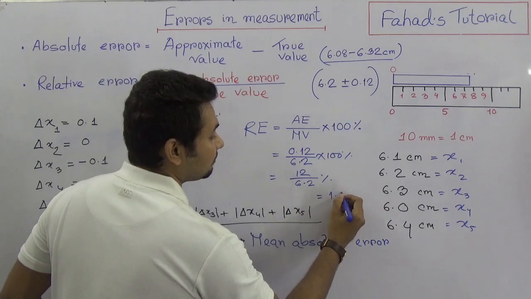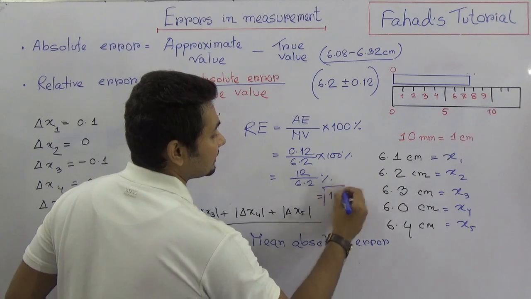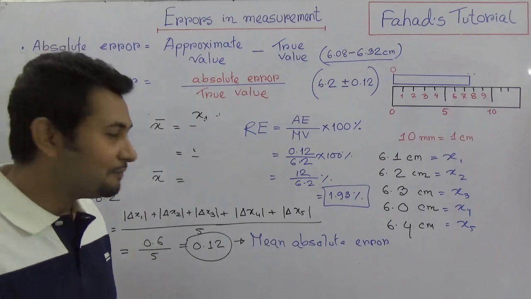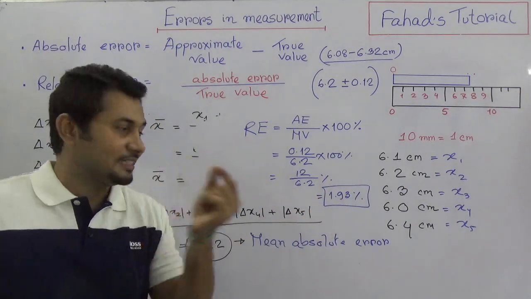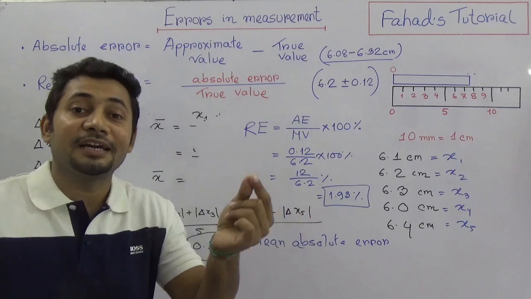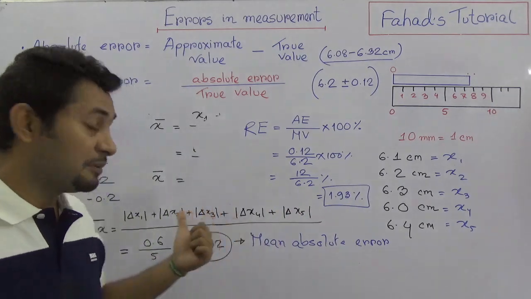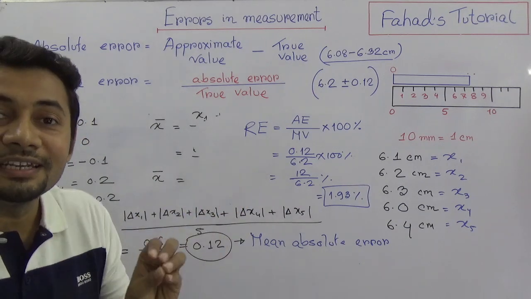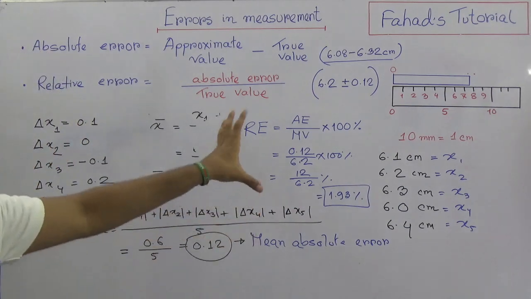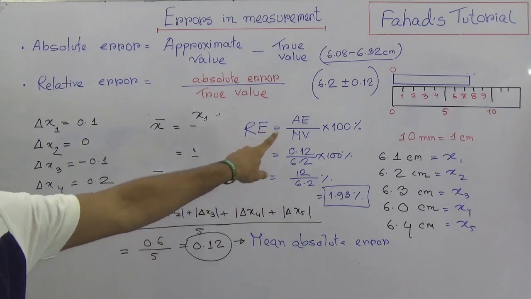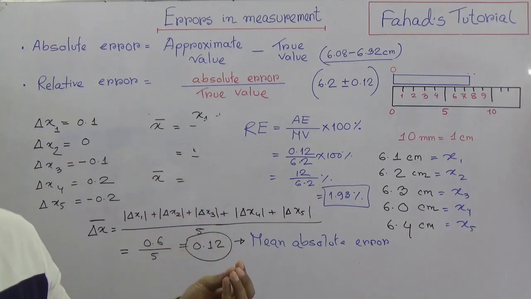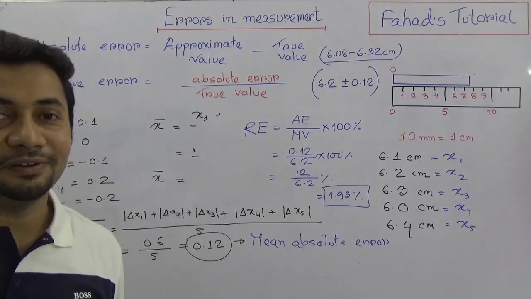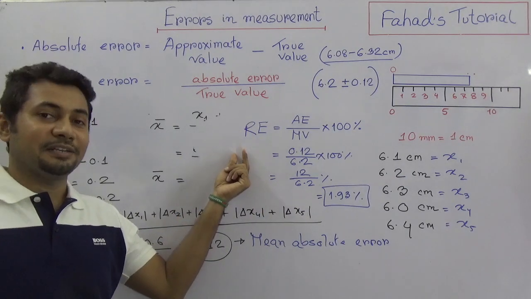So 1.93% is the relative error, which is very low, nearly 2%, and previously we got 7.1%. So this is a very simple example of the relative error and the absolute error. Whenever you find the value of the absolute error, you divide it by the measured value, and then you get the relative error.